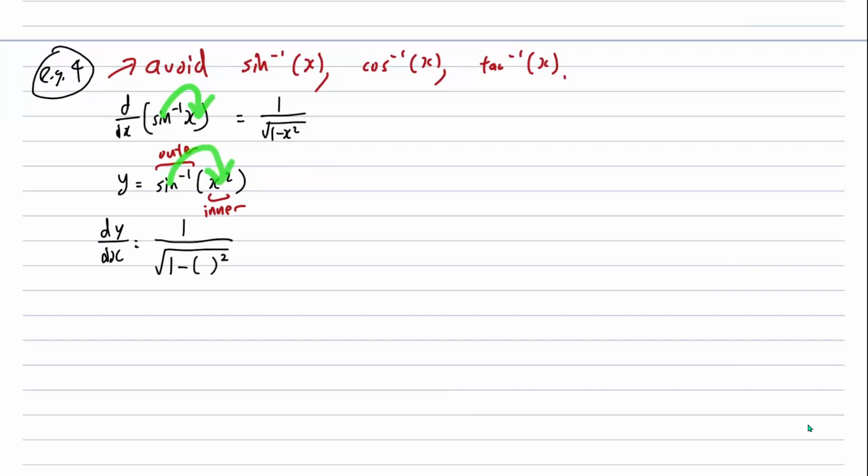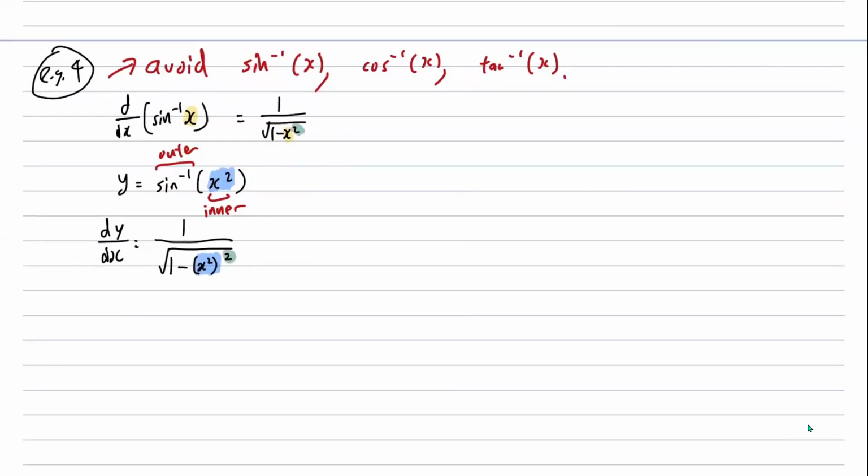So previously the yellow color x now becomes x squared. We have to change it into the blue color x squared as well. Can you see that? But the power 2 is outside of the blue color highlighter. I highlight it in green.